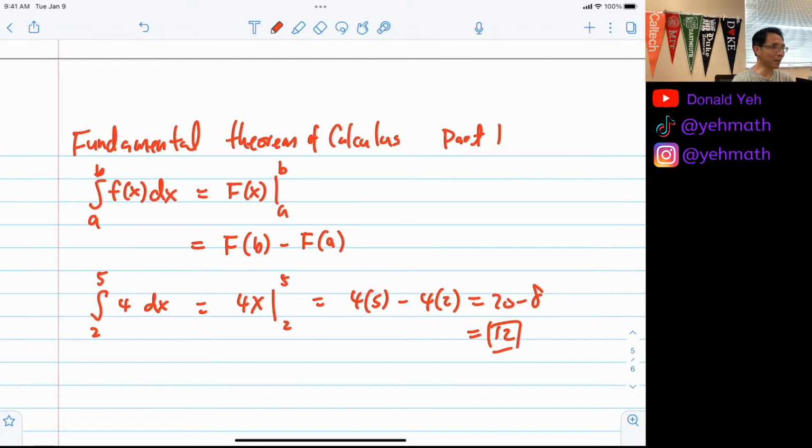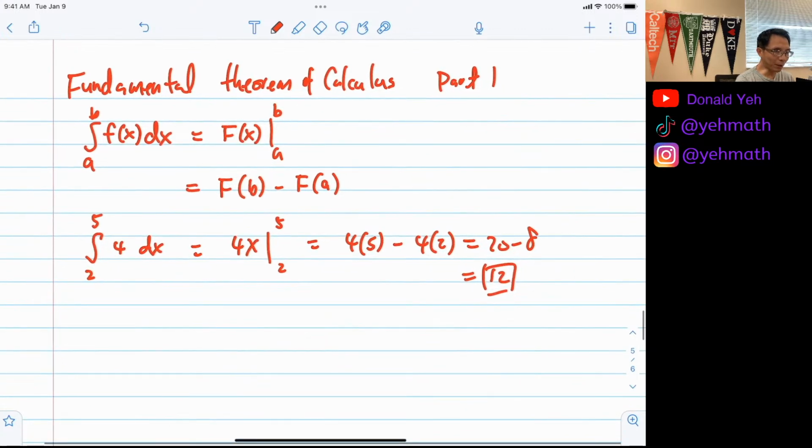Now remember, 99% of the problems you can do arithmetically. There's only 2 types of situation, and actually FRQ, but remember we told you about switching the boundary, from 5 to 2 of 4 dx. What am I going to get? What do you think I'm going to get? -12.